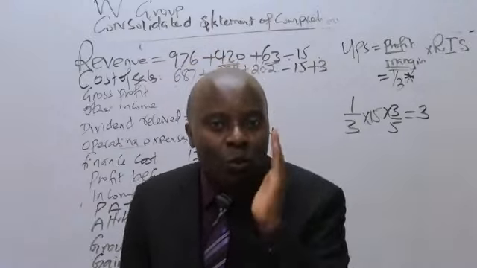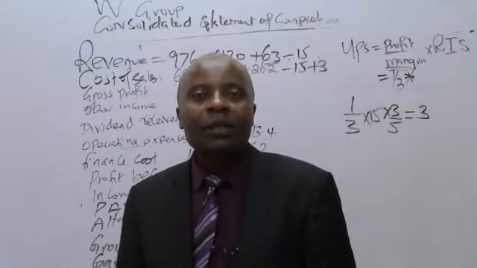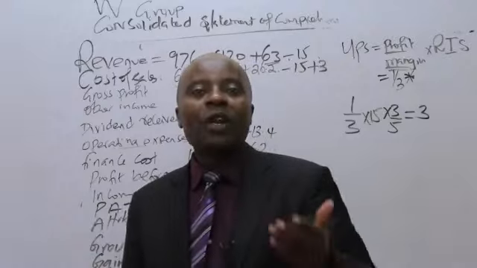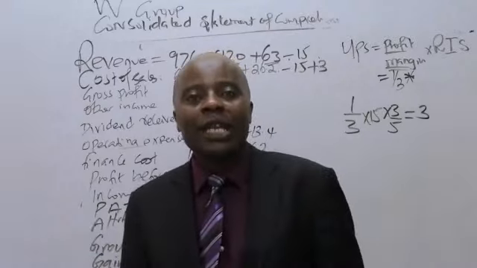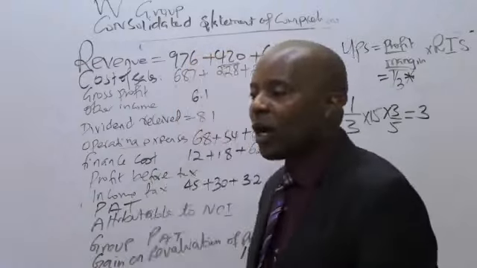The same with group accounts. If there is any income in the form of dividends that you have recognized from your subsidiaries, that dividend is fake. So please go to the dividends that you have there.